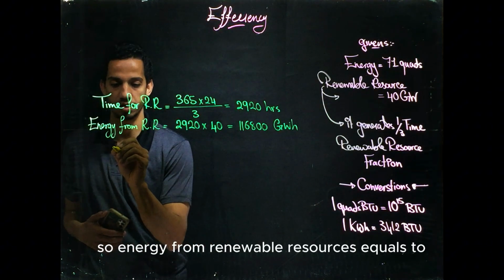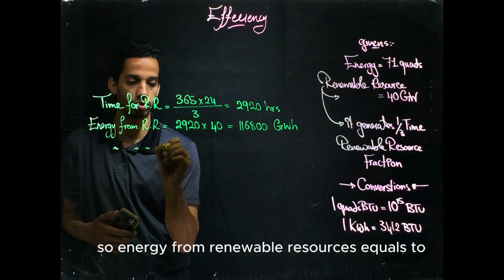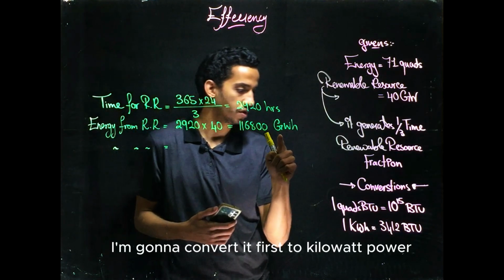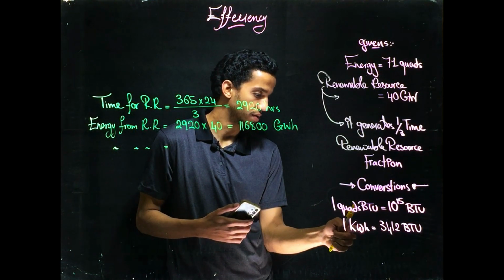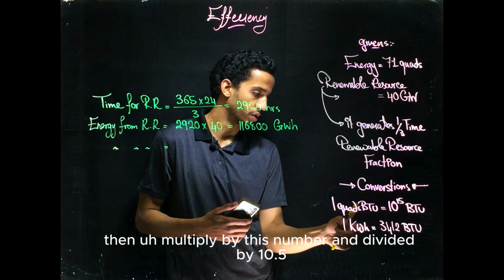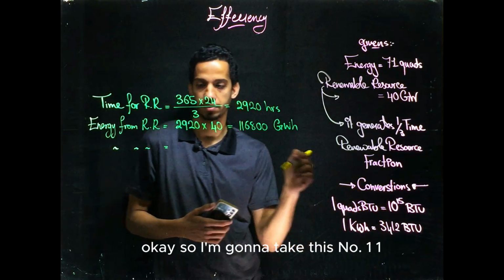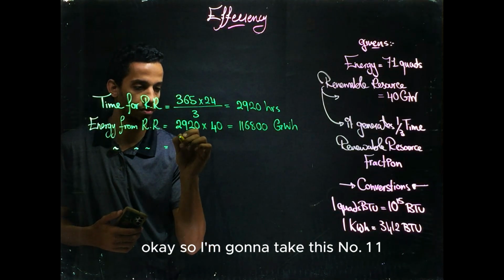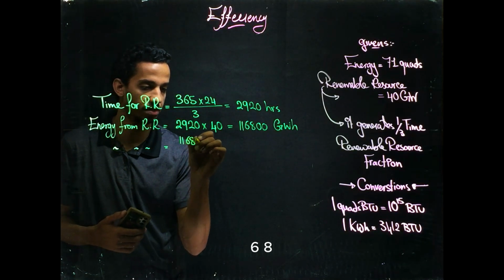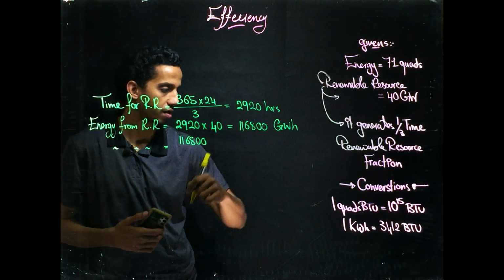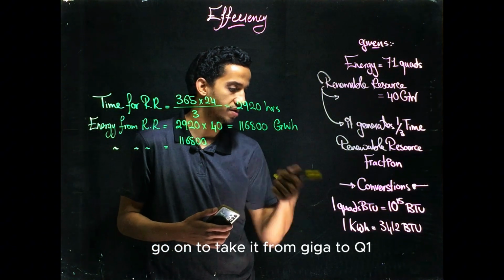So the energy from renewable resources equals, I'm going to convert it first to kilowatt hours, then multiply by this number and divide by 10 to the power 5. Okay, so I'm going to take this number, 116800, and take it from giga to kilo.